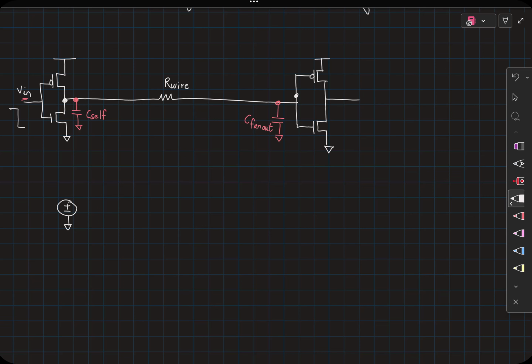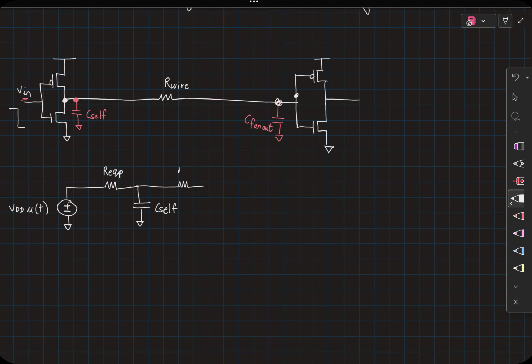So I'll have the voltage source given by VDD into U of t. Because we are interested in the charging of this node, the resistance that we should be looking at is the equivalent resistance of this PMOS transistor. So we will have R equivalent P followed by this C self.